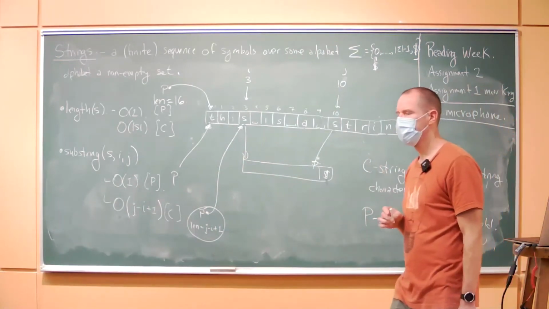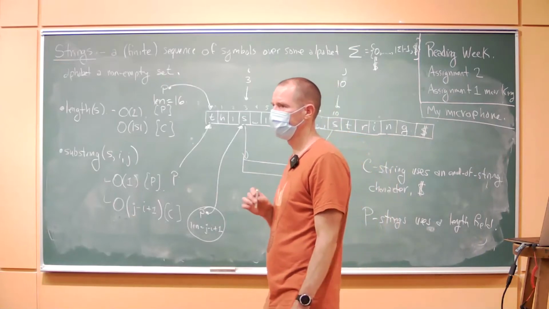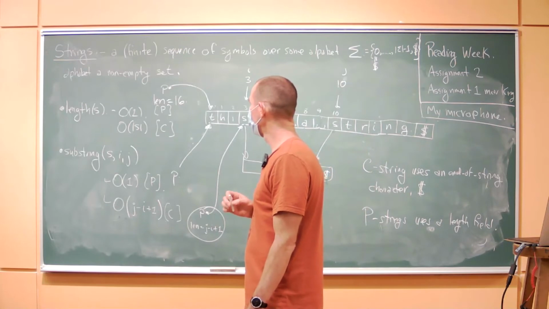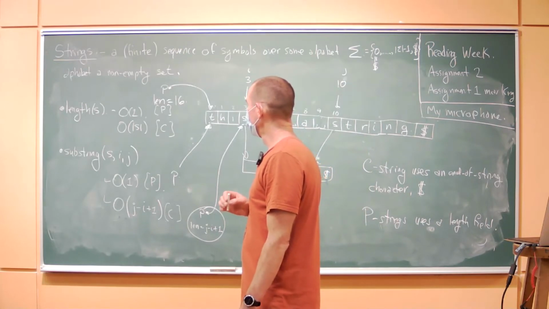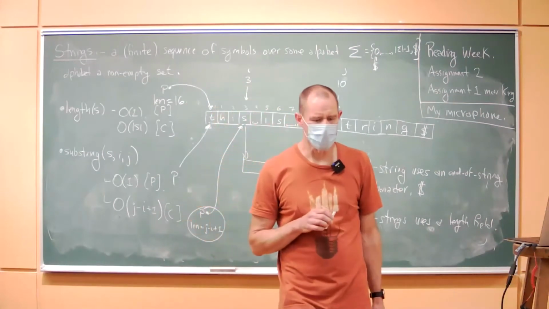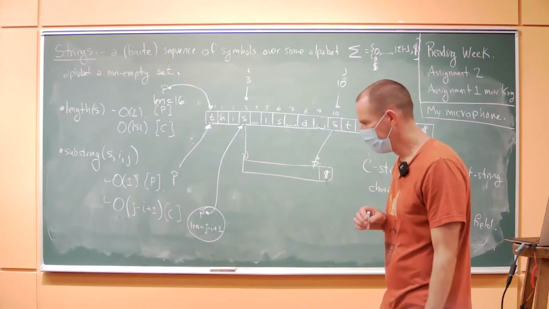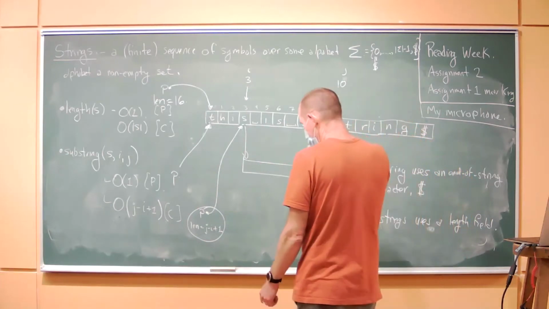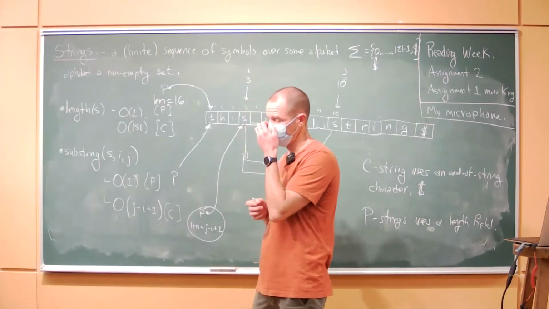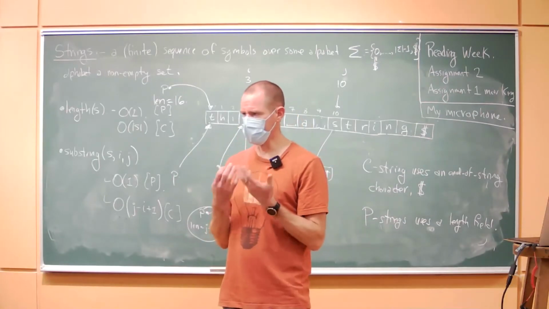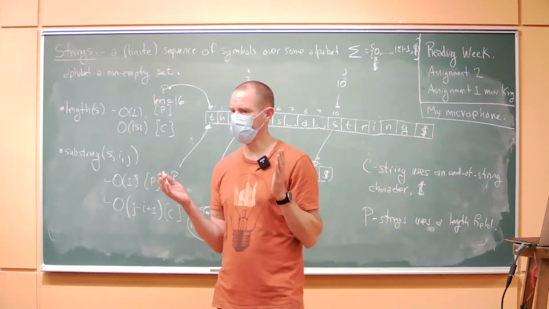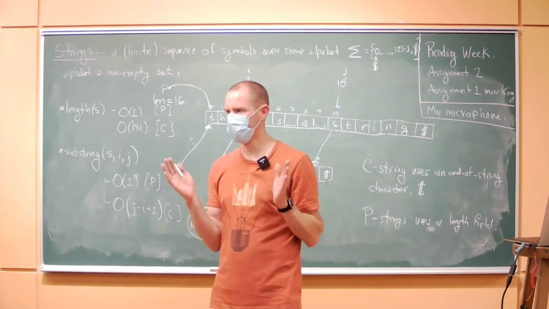Yes? In terms of the time it takes to report the length, for example, we say that it's O(1). Mm-hmm. But what do we need, like log size of s bits to store it? Oh, yeah, I've been a bit lazy about defining the model of computation, but in general, we imagine we're working with a computer that can do arithmetic on integers in constant time if the integers are in some reasonable range.